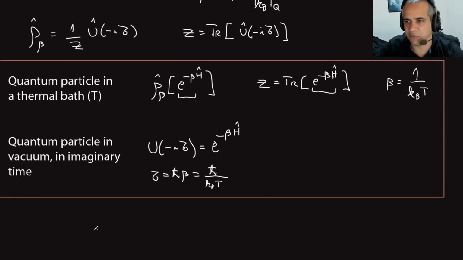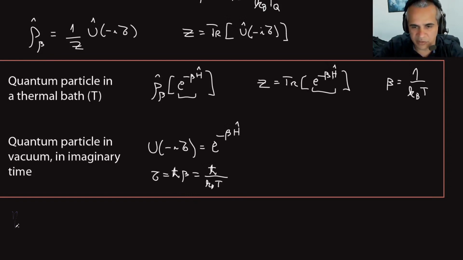But there's one more thing we can see here, which is very interesting. And it shows up when we think a little bit about this imaginary time, or Euclidean time, as I have been calling it, and how it behaves inside the metric.